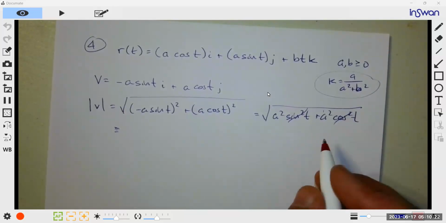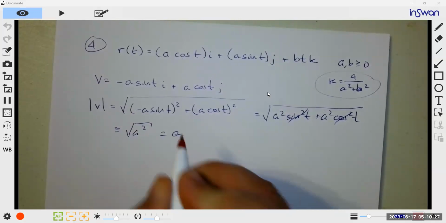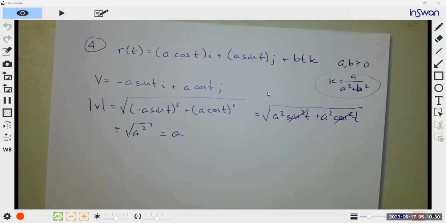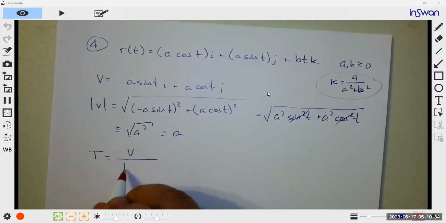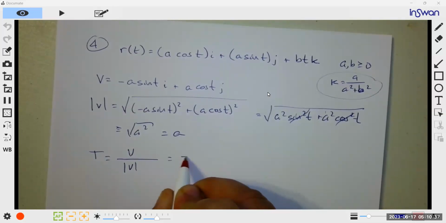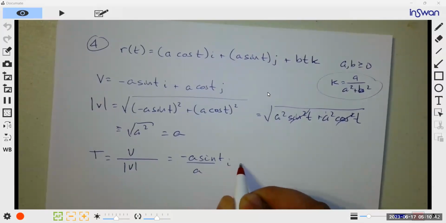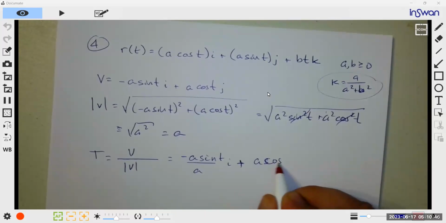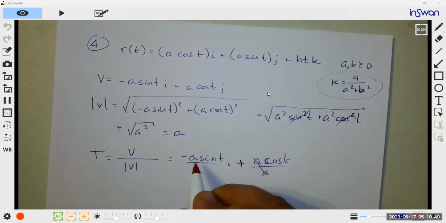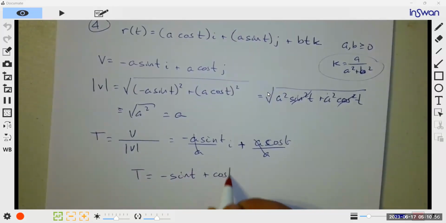Sine squared plus cosine squared is 1. So square root of a squared is a. So T is negative a sine t over a i plus a cosine t over a j. Those cancel. So T is simply negative sine t i plus cosine t j.